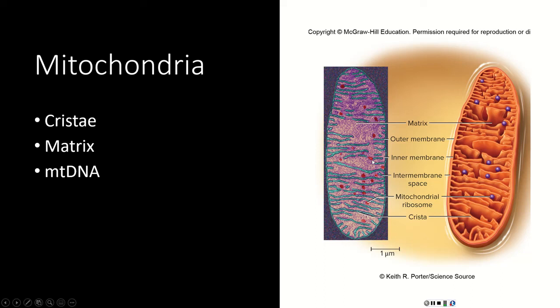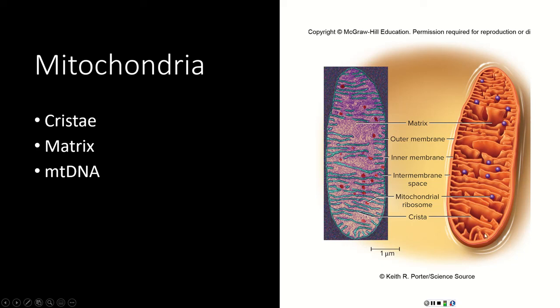Now, if we look at the mitochondria, it looks kind of weird. It's really neat, I think. It's got a membrane, a phospholipid bilayer, but it's another double membrane, kind of similar to the nucleus. It has an outer phospholipid bilayer and an inner phospholipid bilayer.